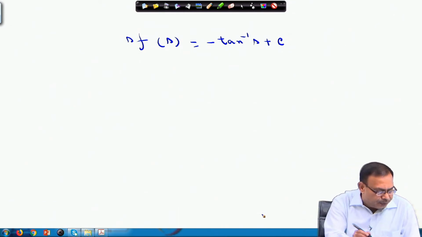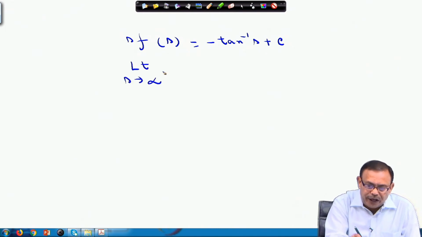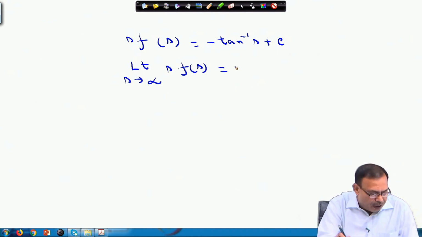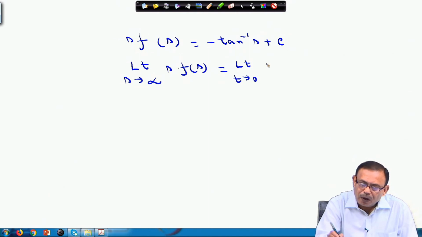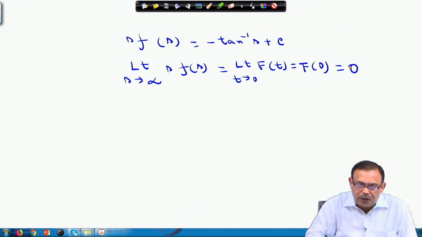If you remember, limit s approaches infinity of s F(s) equals limit t approaches 0 of f(t). Limit t approaches 0 of f(t) is f(0), and already we know f(0) is 0.